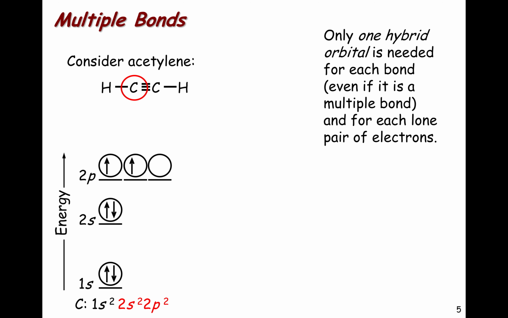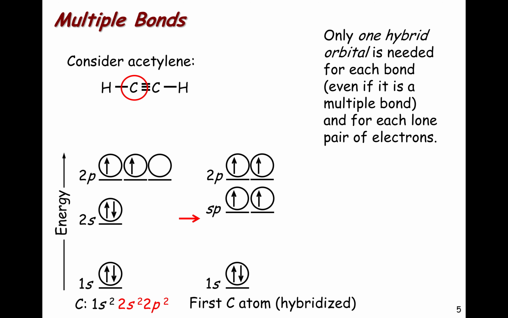So in this case, if we go ahead and form our hybrid orbitals, we end up with a situation where there are 2 sp hybrids on each of the carbon atoms. That leaves behind 2 electrons in the purely 2p type orbitals, which are a little bit higher than the hybrid orbitals.